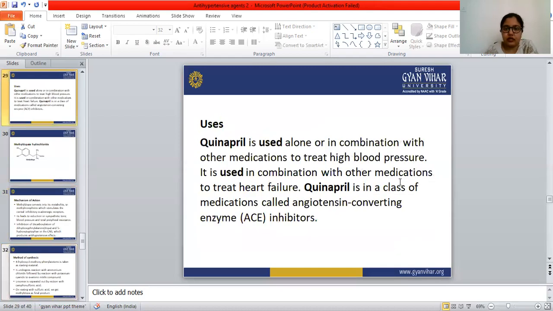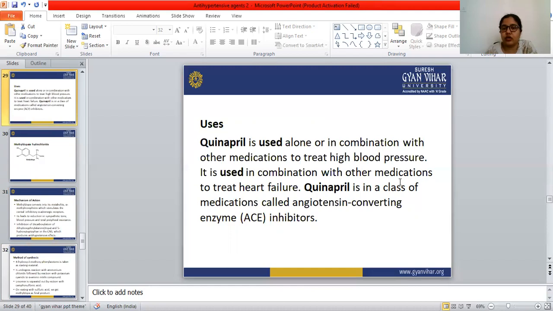Let's see the uses of quinapril. Quinapril is used alone or in combination with other medication to treat high blood pressure. It is also used in combination with other medication to treat heart failure.